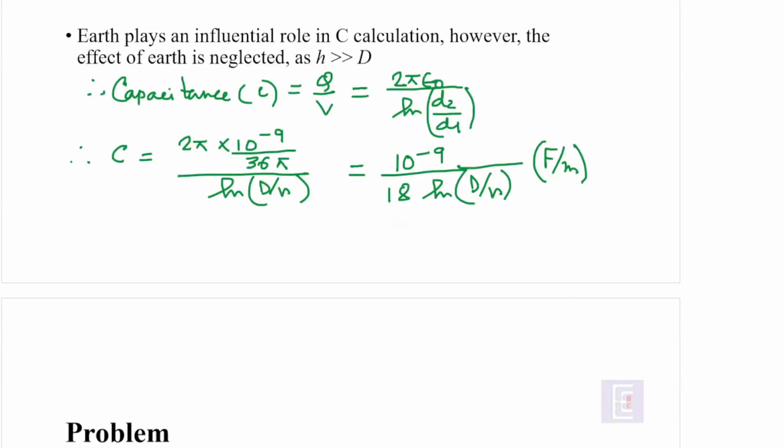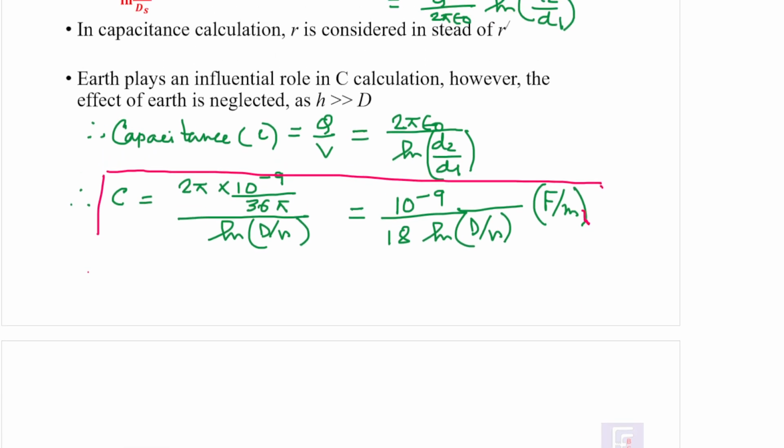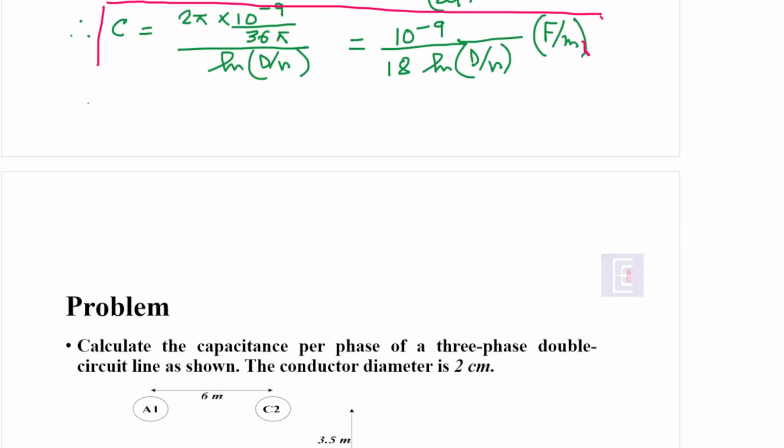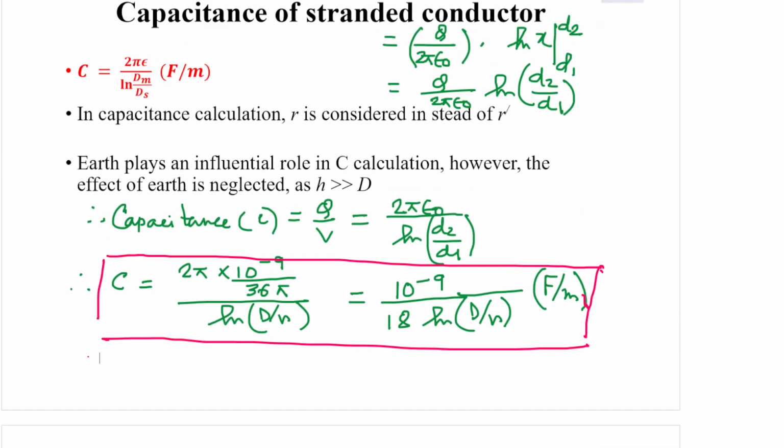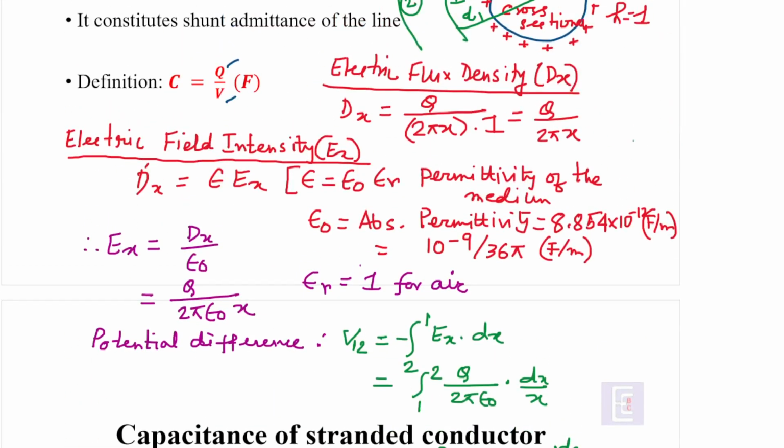So this is the capacitance formula we have with us: C is equal to 10 to the power minus 9 by 18 ln d by r.